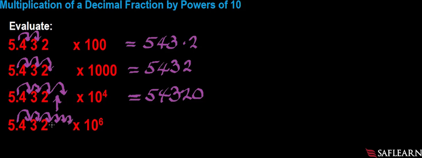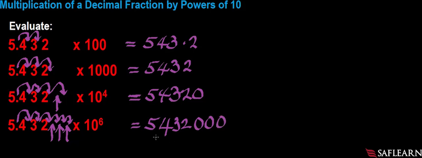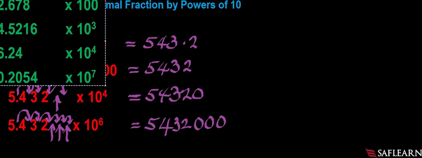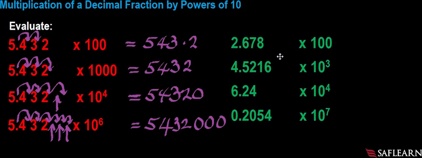Now by so doing, we have 3 vacant spaces here, 1, 2, and 3. What do we do with them? Simply fill them up with 0. So our answer is going to be 5, 4, 3, 2, and then 0, 0, 0, which makes it 5,432,000. Okay, now let's take a few more examples before bringing this video to a close.